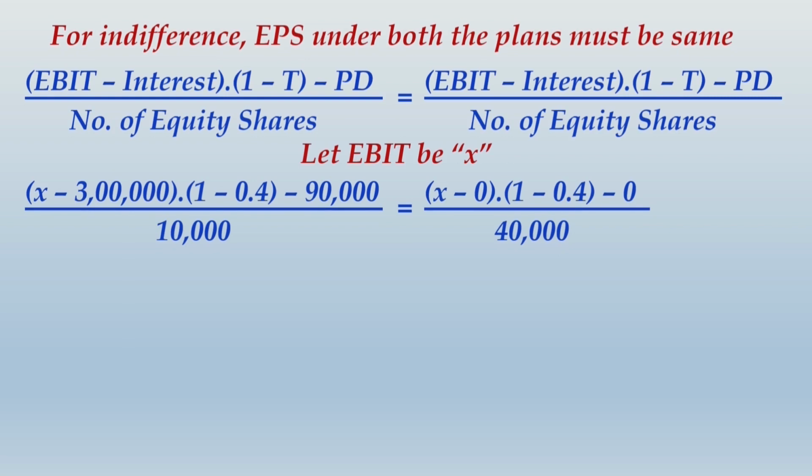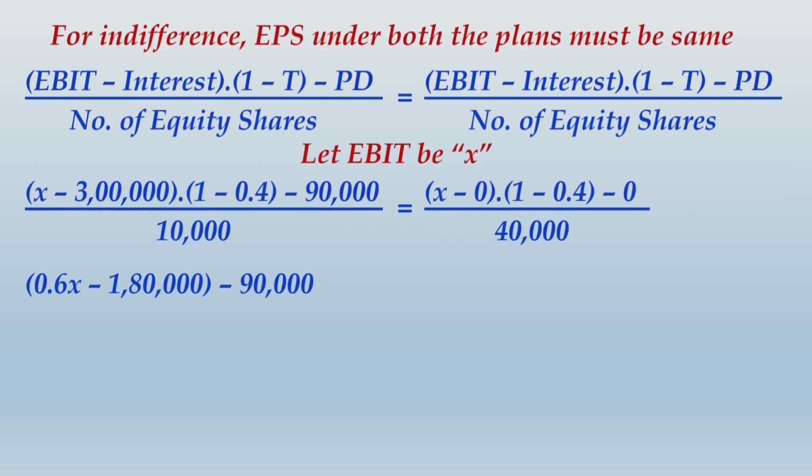So if you want to solve this equation, on the left hand side you focus on X minus 3 lakhs, and after that you have multiplied by 1 minus 0.4. So 1 minus 0.4 will be 0.6. So first multiply that 0.6 to X minus 3 lakhs, and what you will get is 0.6x minus 1,80,000 and minus 90,000 as it is.